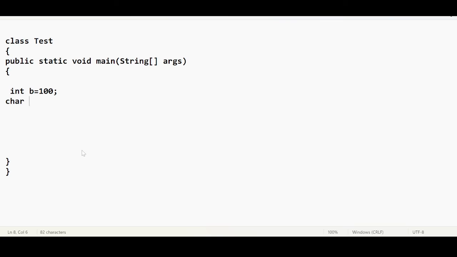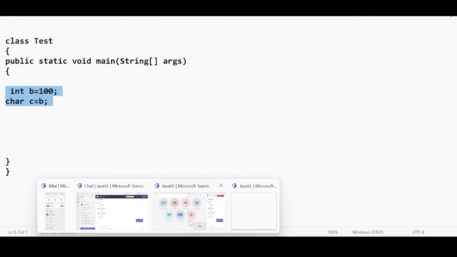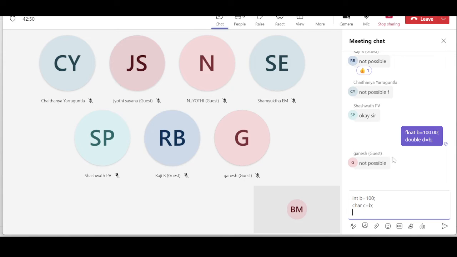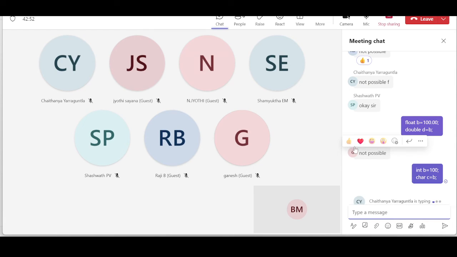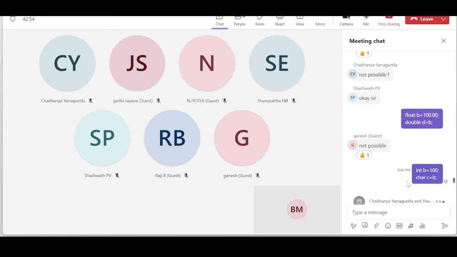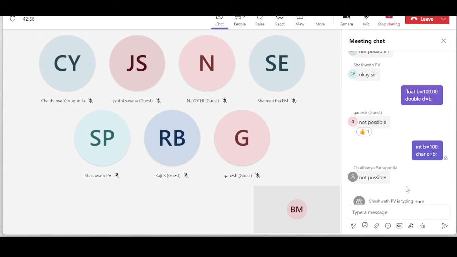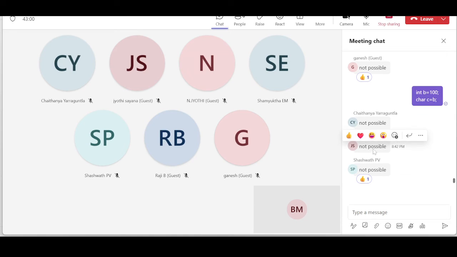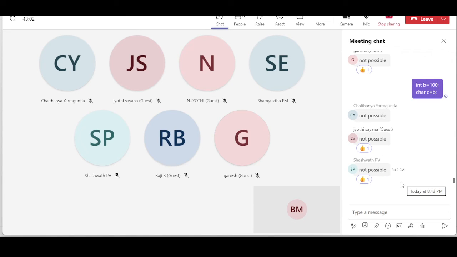Character c equal to. Tell me, this is the last question. Possible or not possible? Ganesh says not possible. Good. Not possible. I hope you understood the concept.